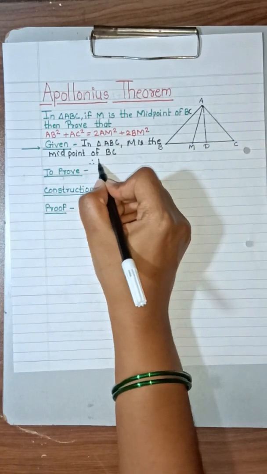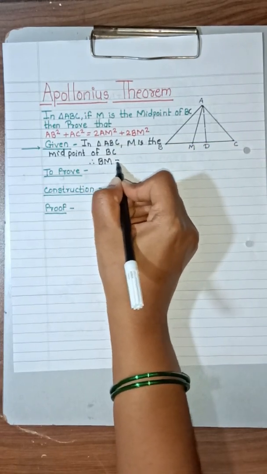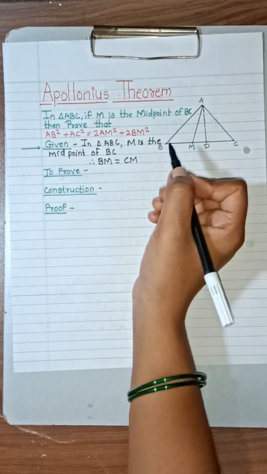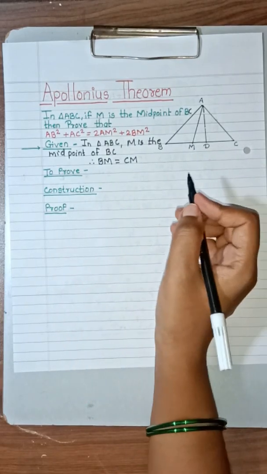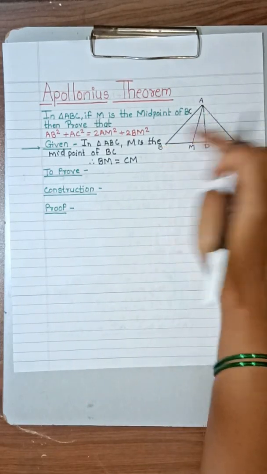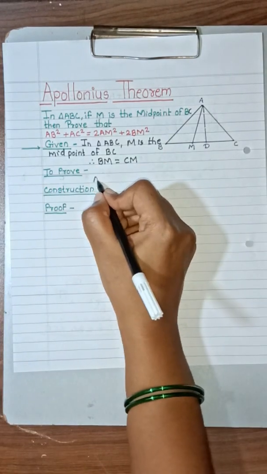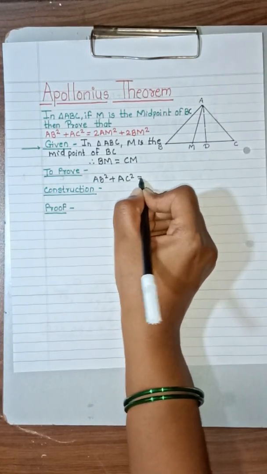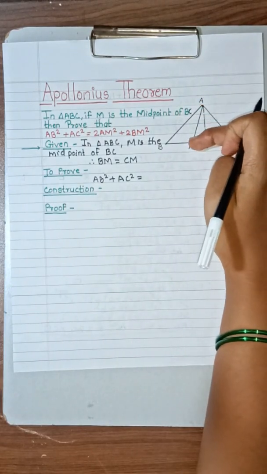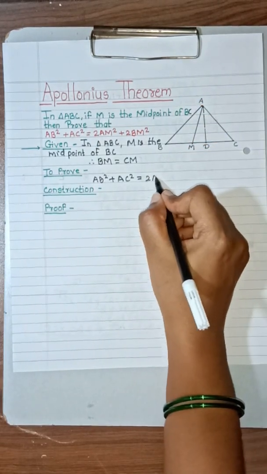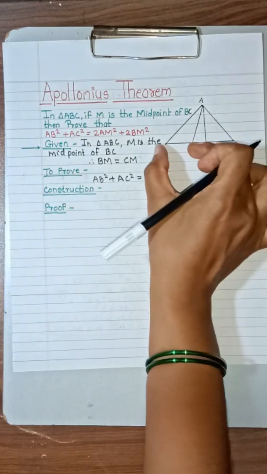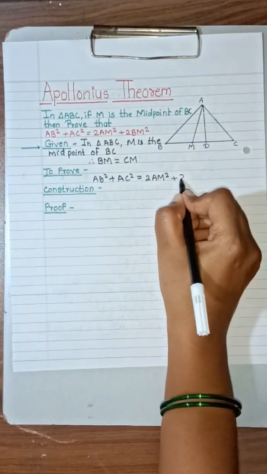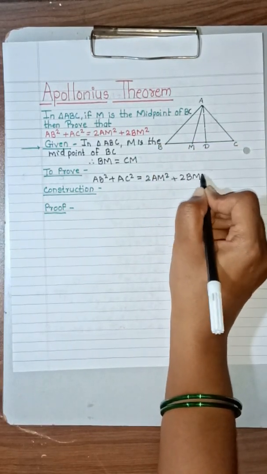Therefore you can write down here BM is equal to CM. Now what we have to prove? We have to prove that AB square plus AC square is equal to twice AM square plus twice BM square.